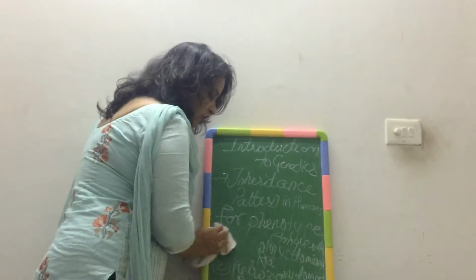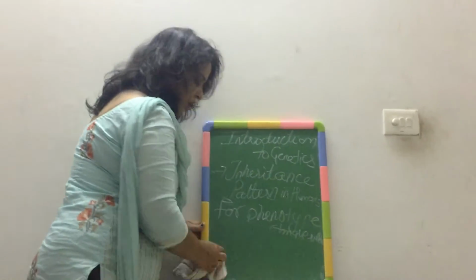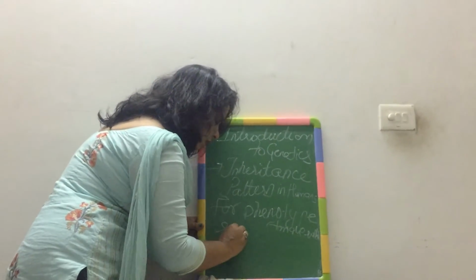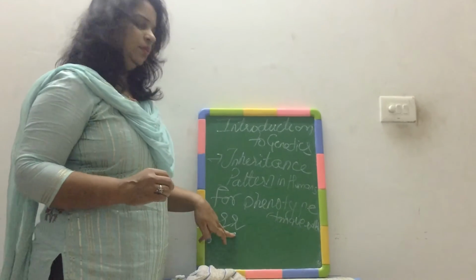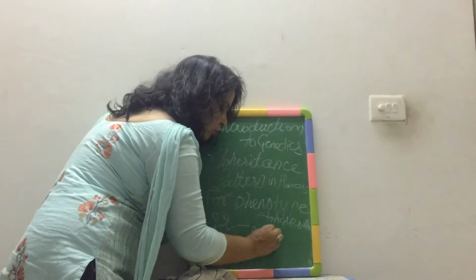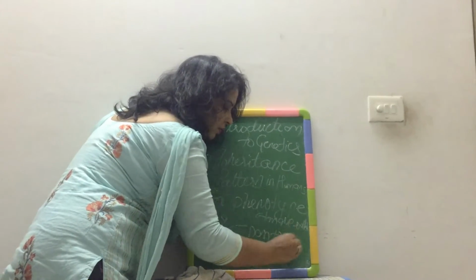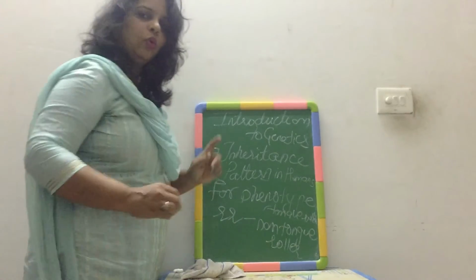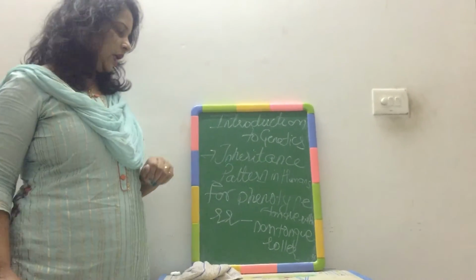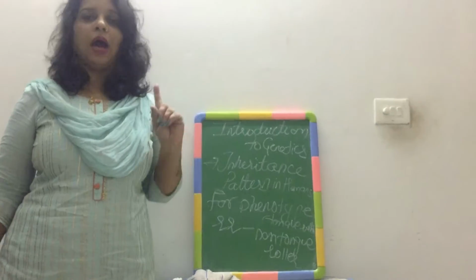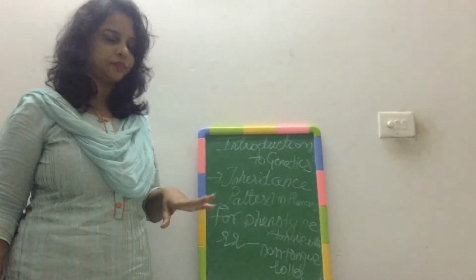Okay. So this is what a possible genotype is. But those which have both recessive alleles, their phenotype will be non-tongue roller. That means they will not be able to roll their tongue. Okay, so that is how the alleles, phenotype and genotype are related.